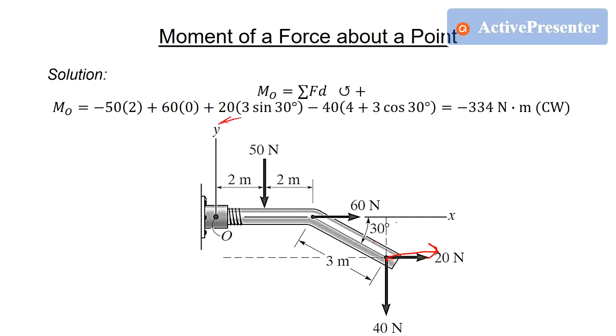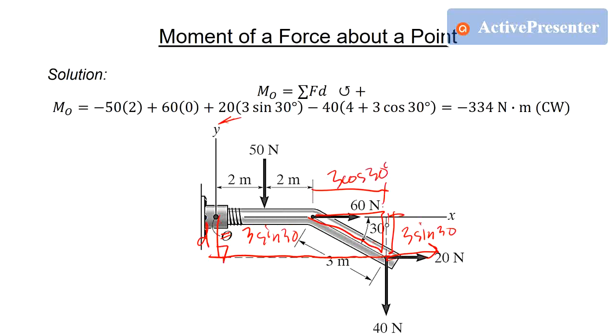This is the line of action of the force. This is the distance, which is 3 sine 30, if we look at this triangle. This one right here is 3 cos 30. So the distance of the 40 newtons, which is negative because it is clockwise, is 2 plus 2 plus 3 cos 30, or 4 plus 3 cos 30.